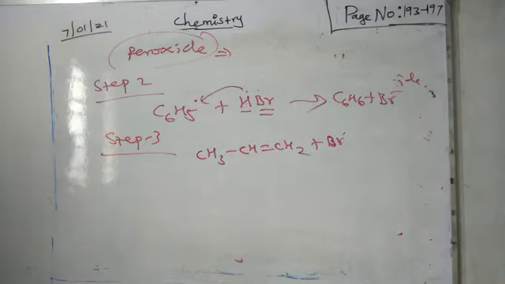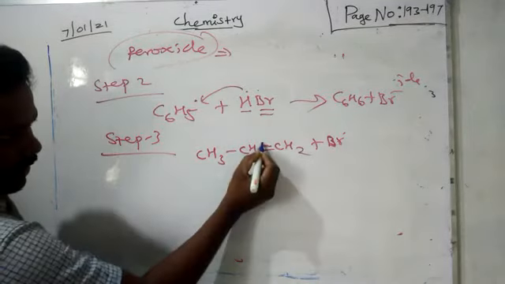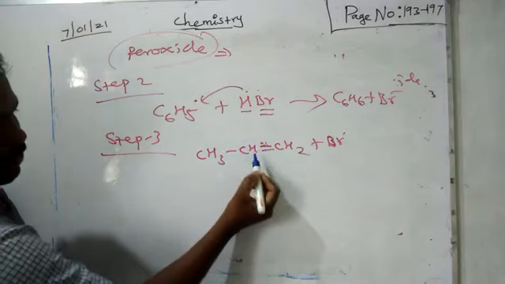CH2, where it will attack as a major compound. If it attacks the middle carbon, it becomes less stable. If it attacks the terminal carbon, it is more stable. So the secondary free radical formation becomes more stable. Listen carefully. Now this pi bond has 2 electrons.